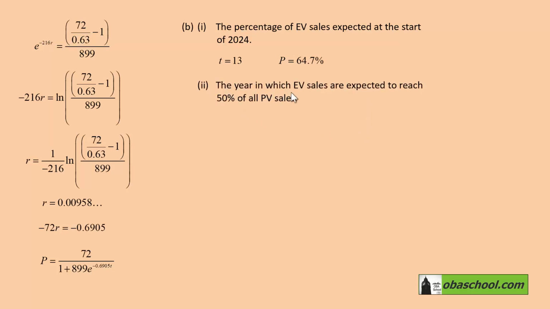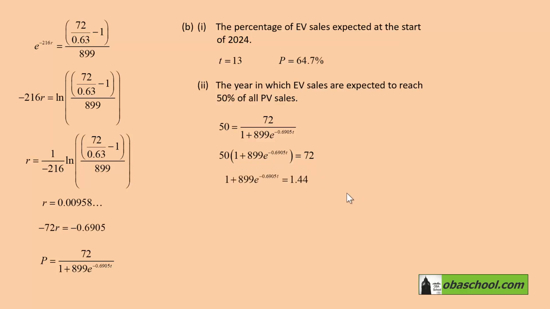Also, we want the year in which electric vehicle sales are expected to reach 50% of all PV sales. Well, based on this, we know it's going to happen before 2024, so that's a little check that we get this right. But what we're going to do is put P as 50, and then we're going to need to solve this. So 50 times 1 plus 899 e to the negative 0.6905t is 72.